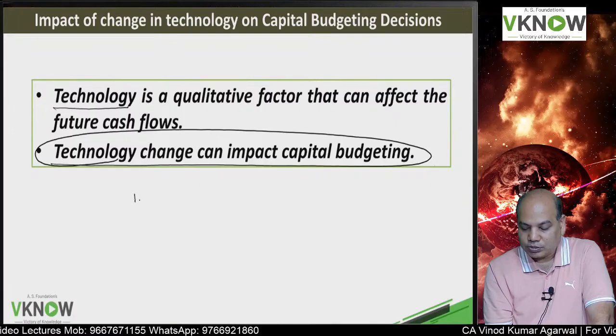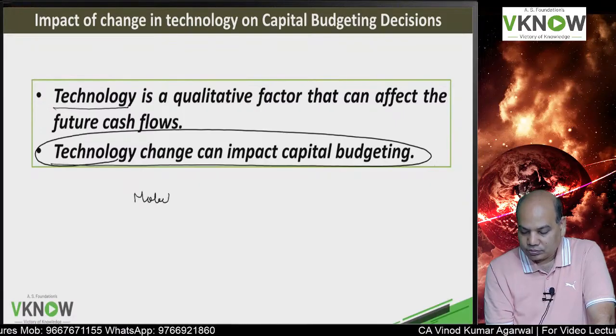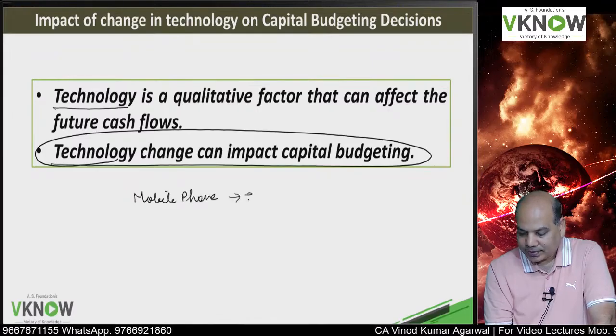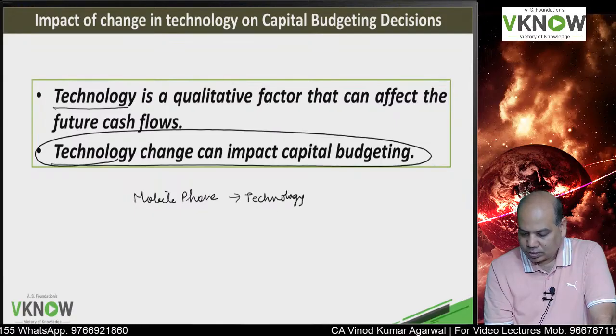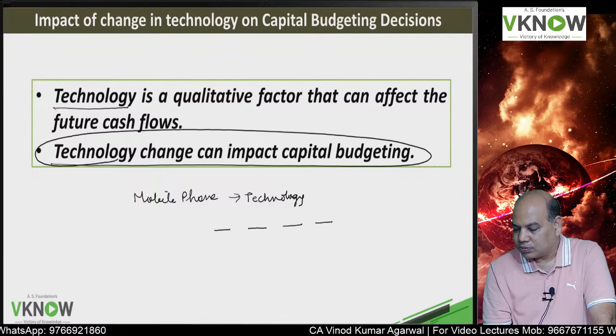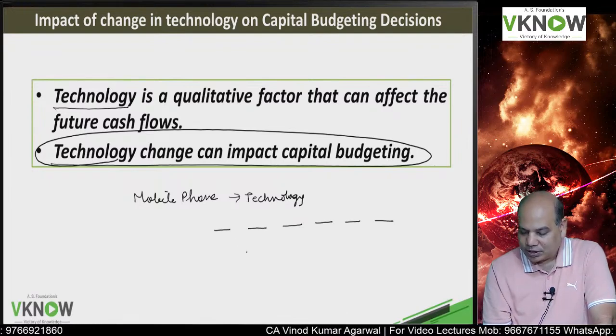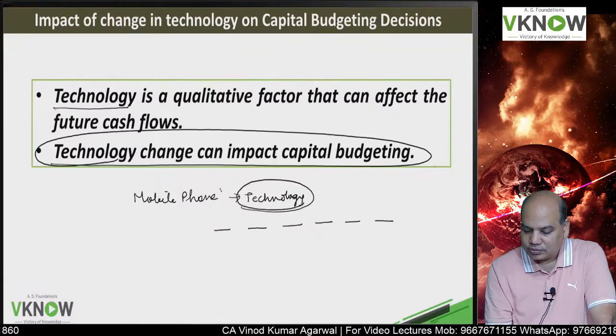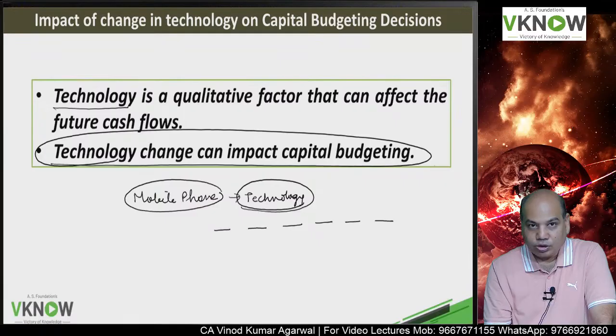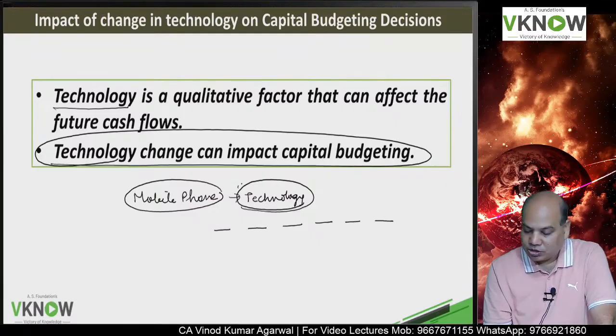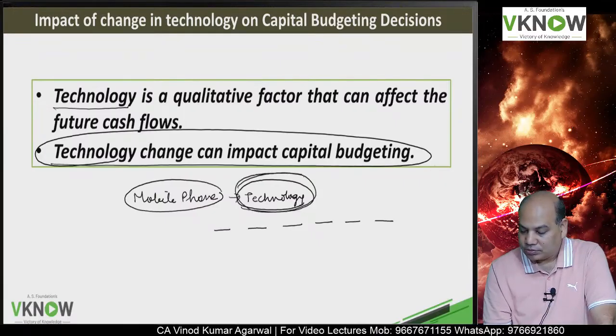Suppose you start manufacturing mobile phones with some technology, and you are projecting your cash flow for the next 6 years. But the phone you are manufacturing is based on a certain technology.